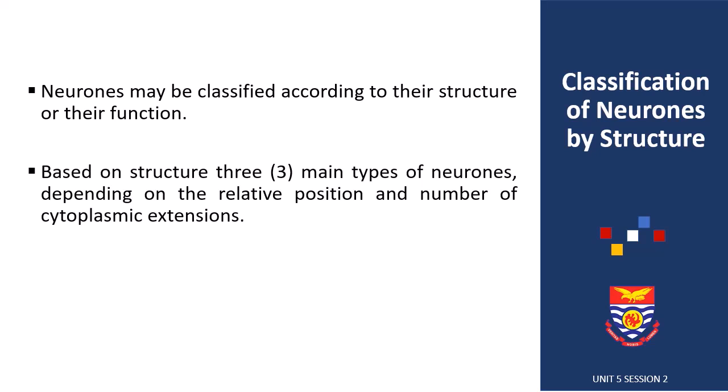Based on structure, three main types of neurons are known, and these are unipolar, bipolar, and multipolar neurons. They are categorized depending on the relative position and the number of cytoplasmic extensions.